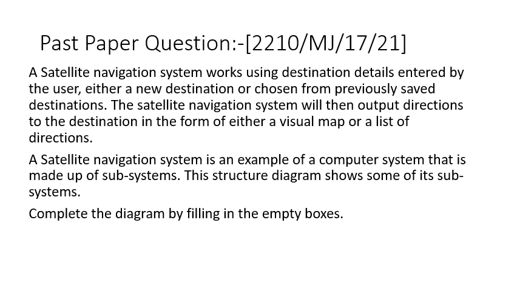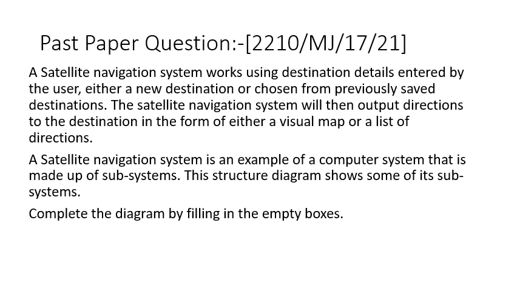This is a past paper question in which I will explain how the structure diagram works. A satellite navigation system works using destination detail entered by the user, either a new destination or chosen from the previously saved destination. So the input values are the new destination or the previously saved destination.